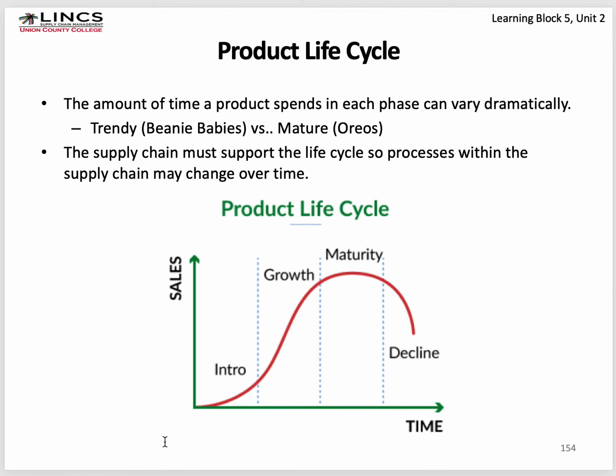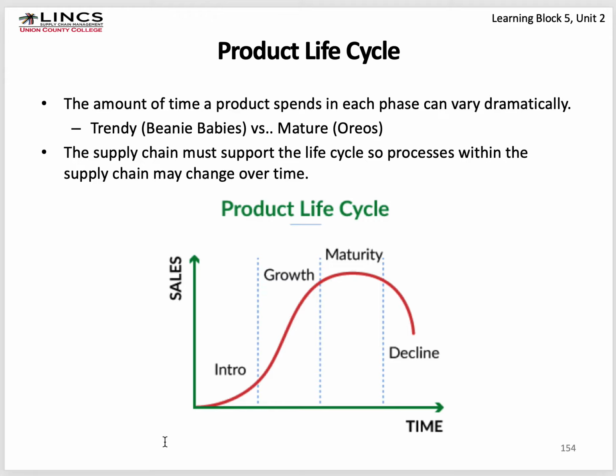Here's another graphic of the same. It's time and sales. If we talk about trendy products, the time involved can be very, very short. Like if you have the toy of the year, Beanie Babies, which was popular way back when.